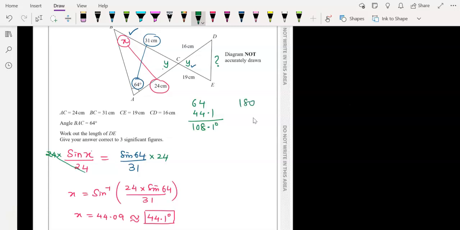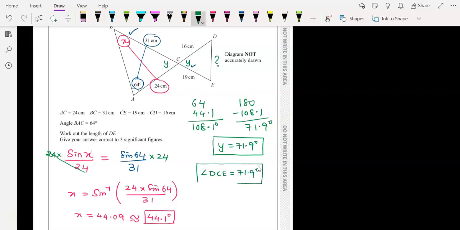Subtract this from 180, so 180 minus 108.1 gives me 71.9 degrees. We got the value of y, so y is 71.9 degrees. So angle DCE is also 71.9 because they are vertical angles.